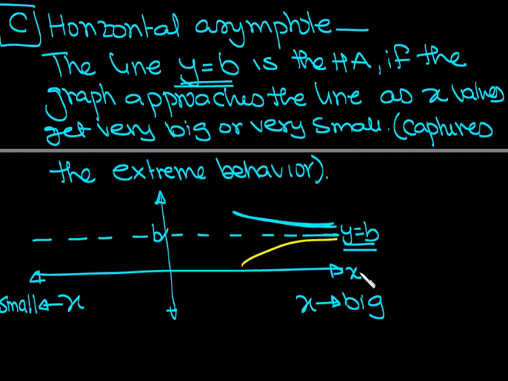And same thing on the left, the graph can approach from the top, or it can approach from the bottom. So that's what the horizontal asymptote captures. It captures the extreme behavior: what happens when the function values get really big or really, really small.